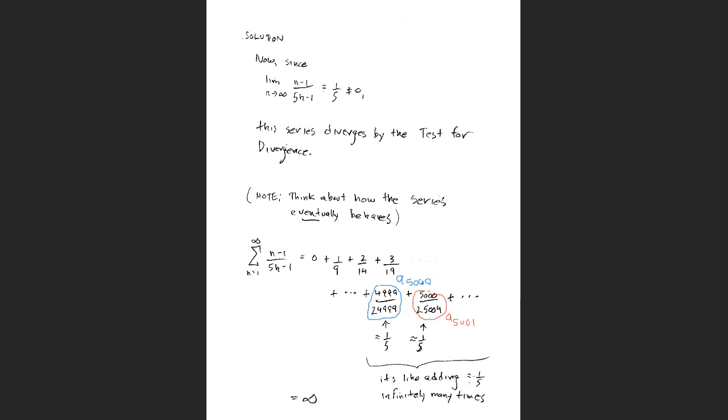So essentially, eventually, as you go out into the series, as n gets large, the terms of the series are going to be basically equal to 1/5. So it's like you'd be adding 1/5 infinitely many times, and so you're going to get infinity, and therefore that series diverges.